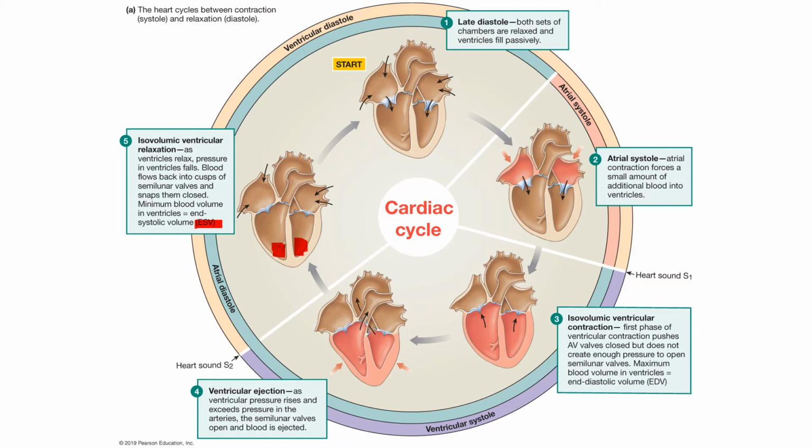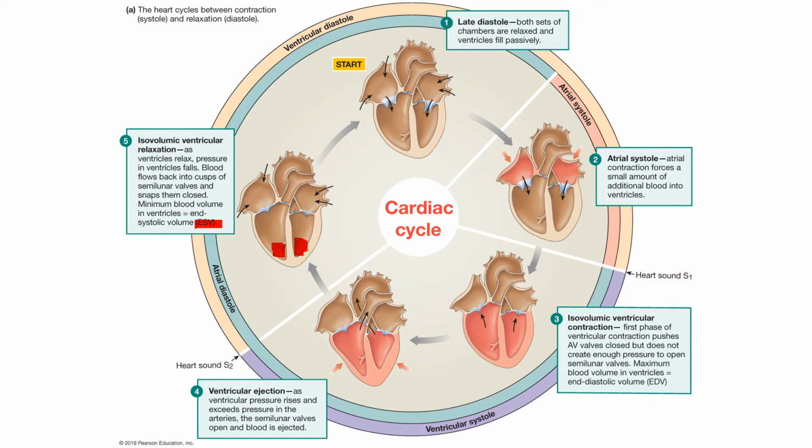And we refer to that stage as the isovolumic ventricular relaxation, because one more time, this amount of blood is not going anywhere, and so the amount of blood in your ventricles right here stays the same. And so that's why we call it isovolumic, and your ventricles are in a relaxation mode right now, so isovolumic relaxation stage.